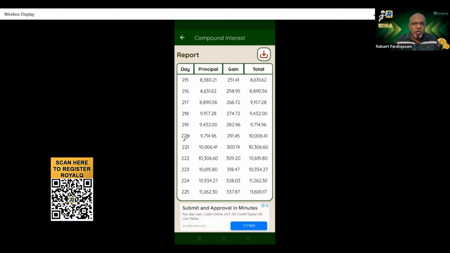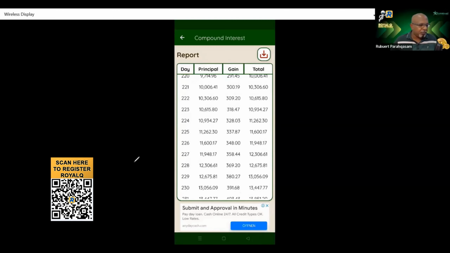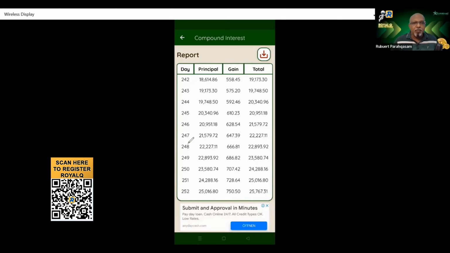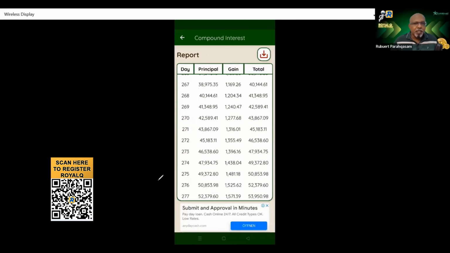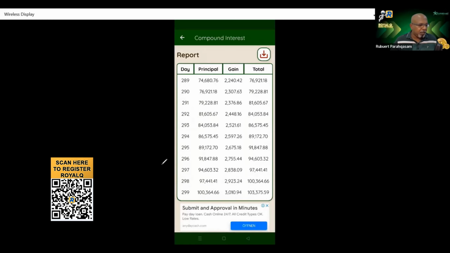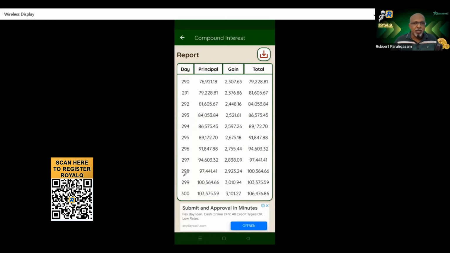By your 220th trade, you're above $10,000. At your 245th trade, you are above $20,000, almost $21,000. Where is your $50,000? At the 275th trade, you had $50,000. And you break your $100,000 at 298. And by the time you get to your 300th trade, you're at 106,000 US dollars.